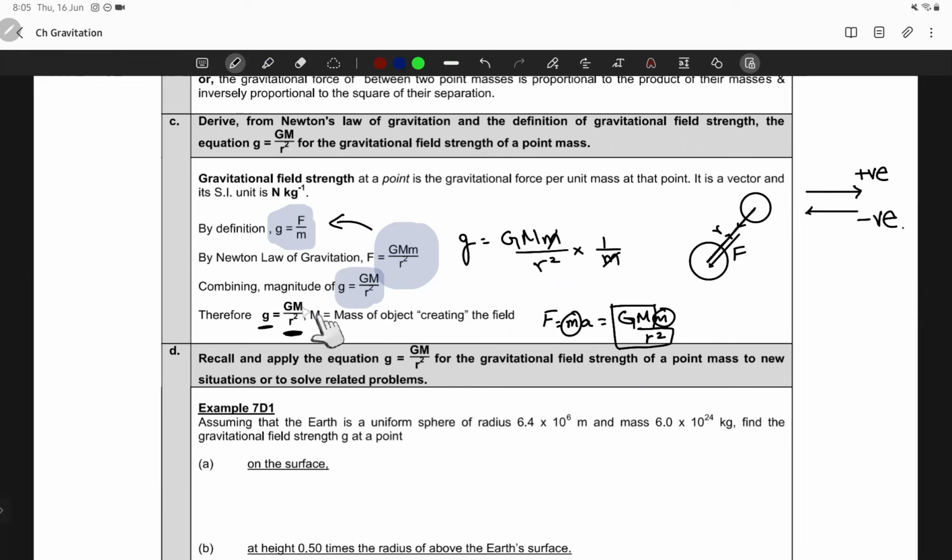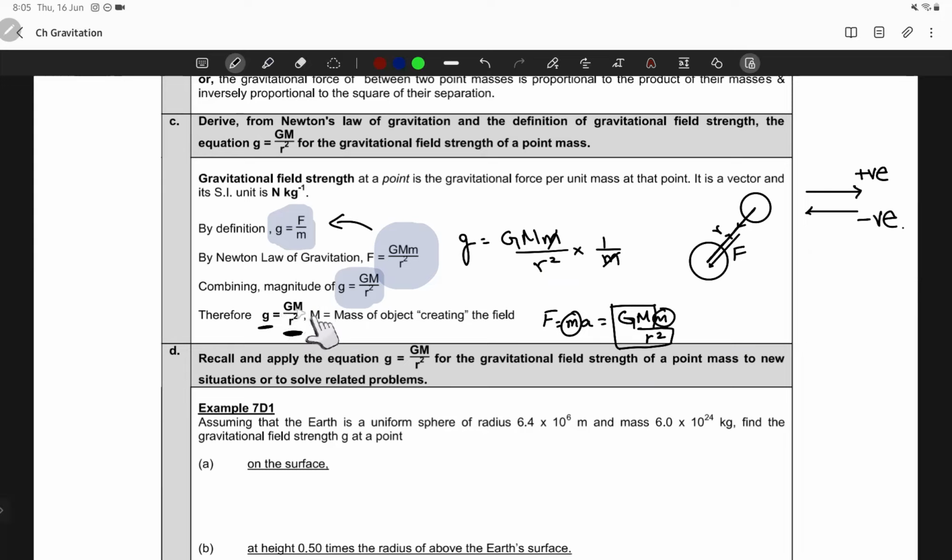M is that mass which is the source of the field, which creates the field in space-time. For example, in our solar system, it's mainly the sun, which creates a gravitational field for all the other planets which revolve or orbit the sun.